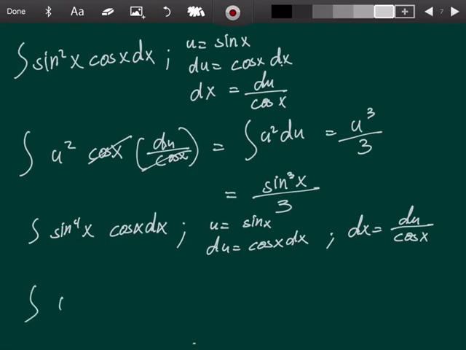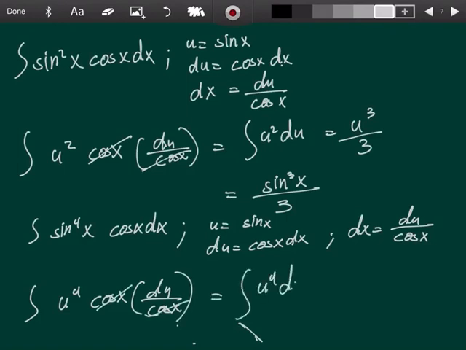Then substitute u raised to 4 times cosine x times du over cosine x. That cancels, becoming the integral of u raised to 4 du, which is u raised to 5 over 5, that is sine raised to 5 x over 5.